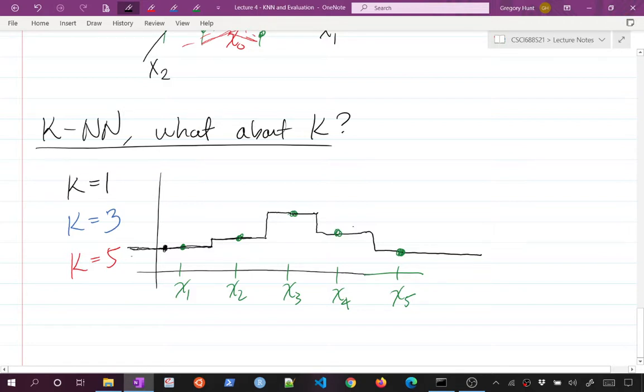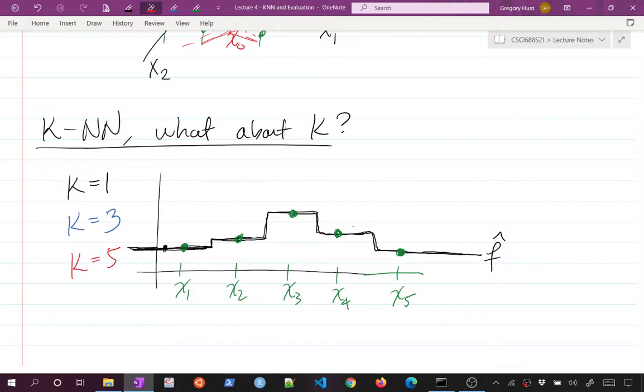So this is what my k equal to 1 algorithm is going to look like. It's basically a step function where we predict the value of the training point, these green points, that is closest at each of my points. So this is f hat, where k is equal to 1.